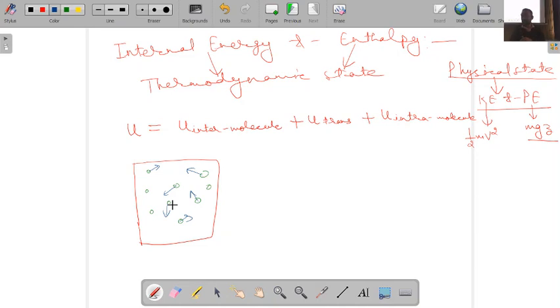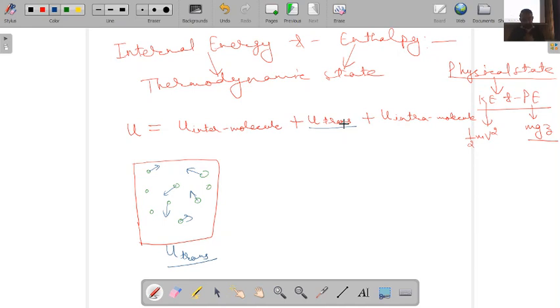In gases, molecules are even more loosely packed and have significant translational motion. This is contributed by U translation. If you take the sum of all the kinetic energies of the molecules, that forms this constituent U translational, which contributes some fraction of the internal energy.